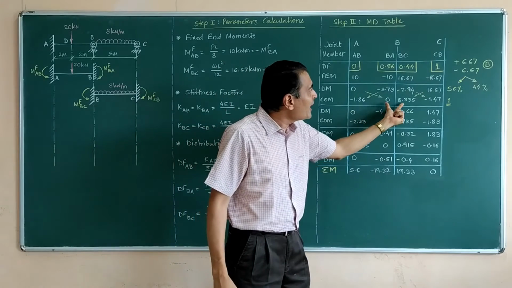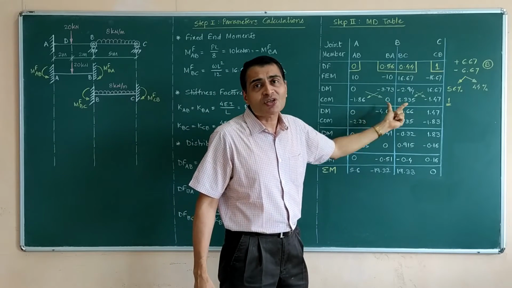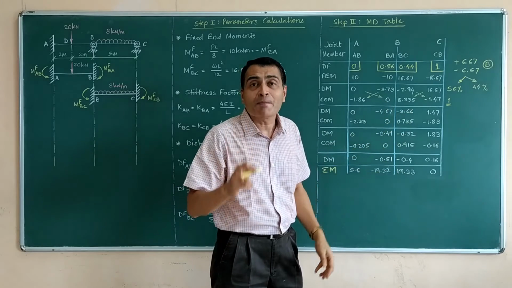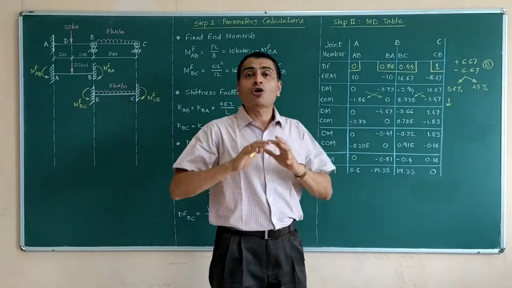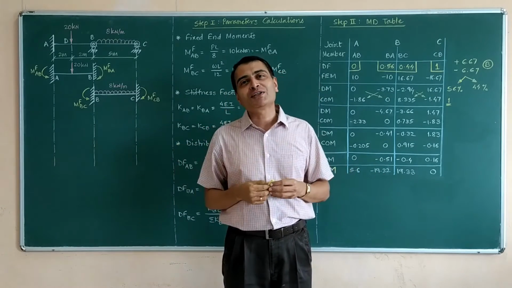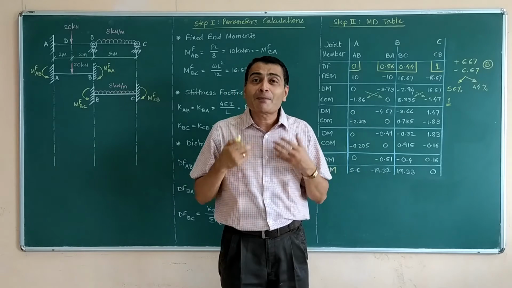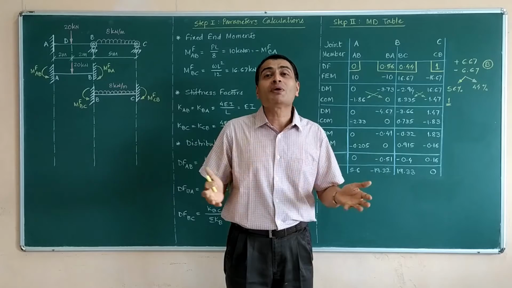So 8.335 minus 0 means 8.335. So there is an imbalance of positive 8.335. I don't like it. So what do I do? I apply negative 8.335. When I apply negative 8.335 at joint B, what will happen?